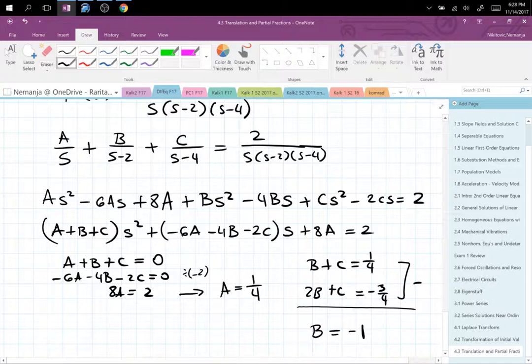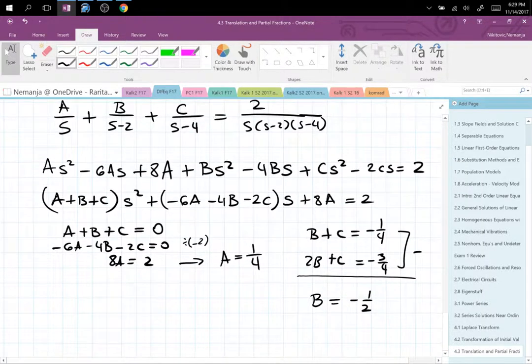If you have a plus b plus c is 0 and a is a quarter. Yes. So now it ruins everything over here. It's negative half. And c is a quarter.